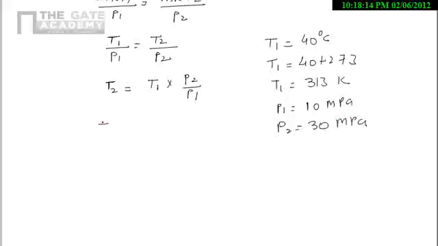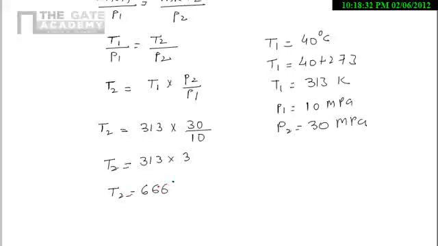Now if we put in these values, T1 we are having 313, P2 by P1 is 30 divided by 10. So T2 will be 313 into 3. So T2 will be 666, in terms of degree centigrade, 666 degree centigrade.